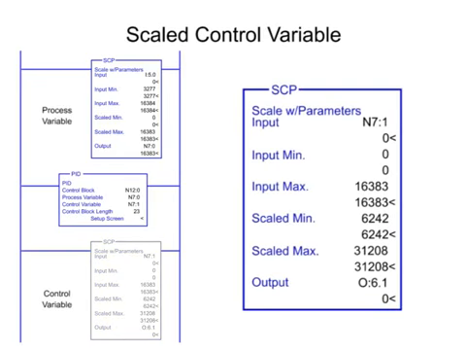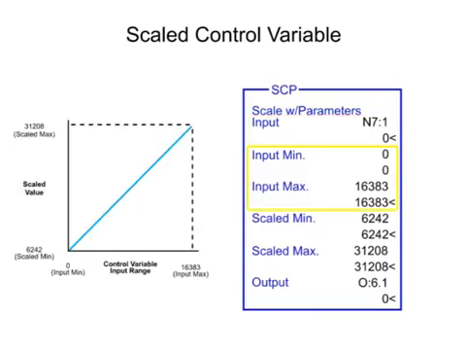Next, the control variable range of 0 to 16,383 is scaled to an analog output module using the second Scale with Parameters instruction. The input parameter of the SCP contains the memory address of the PID output values that will be scaled. The input minimum and input maximum are programmed as the smallest and largest values of the input range.